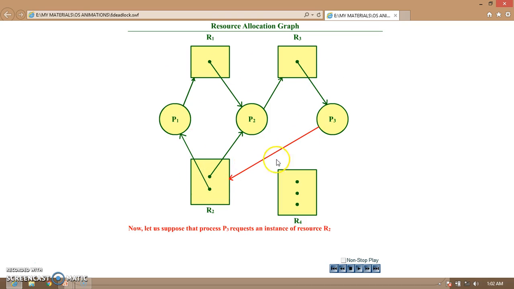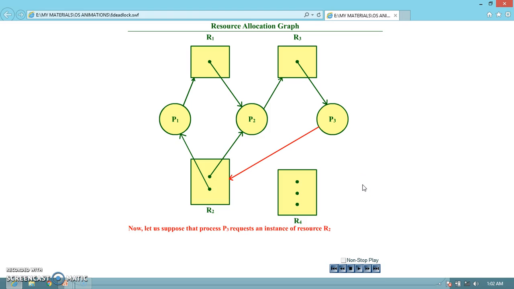This is a cycle, and this cycle shows that process P1, process P2 and process P3 are in a waiting state, and it is an infinite waiting time. No one will be released, so it is a situation of deadlock.